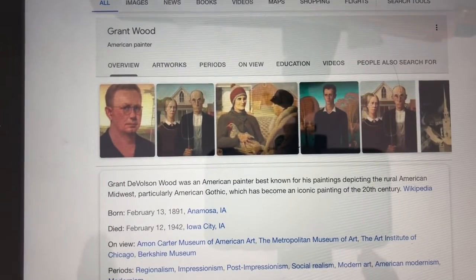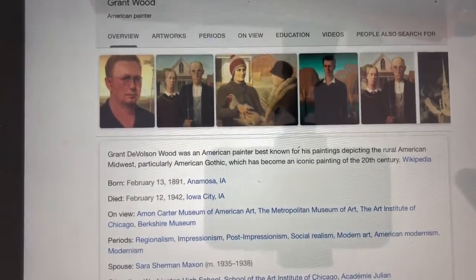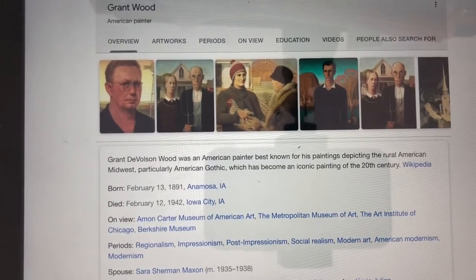And this was during the time when not a lot of people knew about the Midwest, and really all there was, not towns, not cities like we live in, but just farmland, right? So he was really well known for just painting pictures of what life was like.